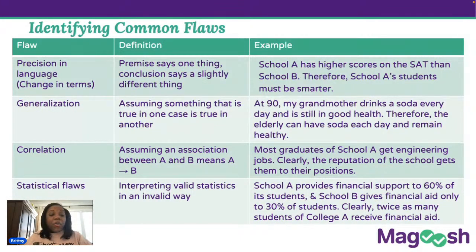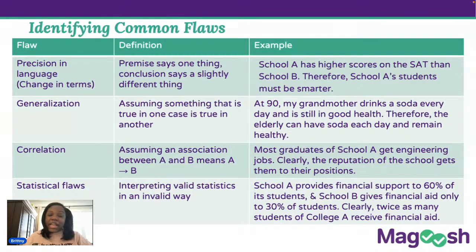Or maybe this is the only college in the city. Maybe it's a small town and there's a big engineering firm there. Maybe the students here are particularly interested in engineering. It may have nothing to do with the school's reputation, right? So there are other options for why this may be the case, and that's poking the hole or determining what those disconnects are.